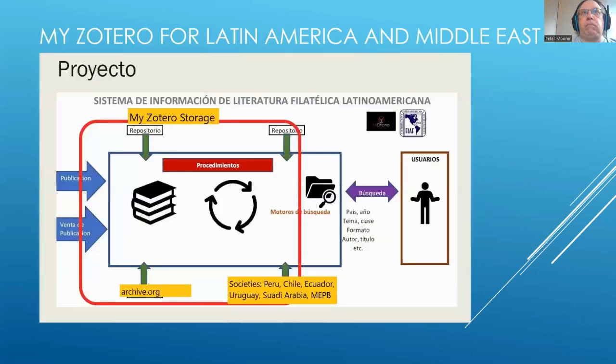So, my project is two-part. The first part is the storage part, as shown in the sheet by Sancho. You see that you store articles or books or whatever in digital form usually, and I usually use them from archive.org, where you can find a lot of philatelic books and journals, but also background information.